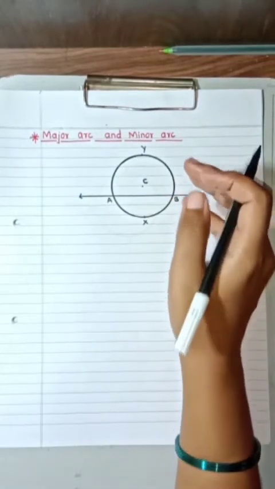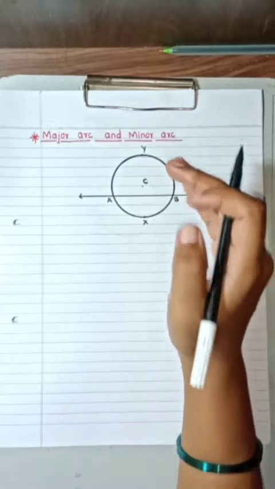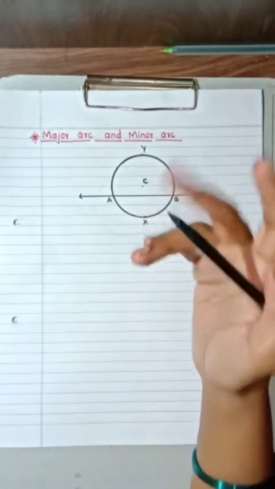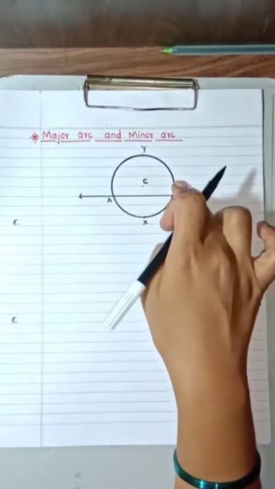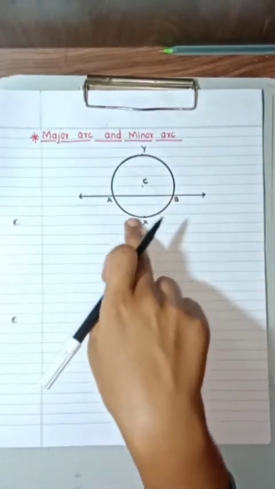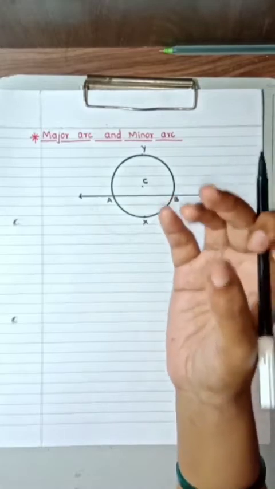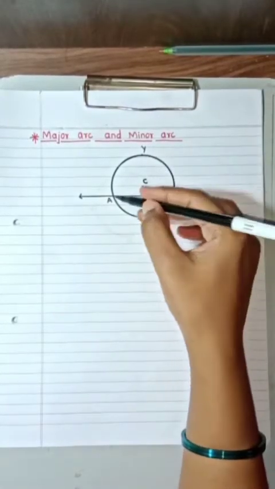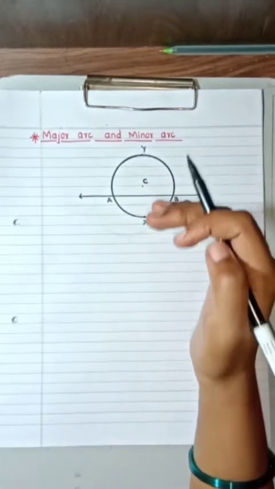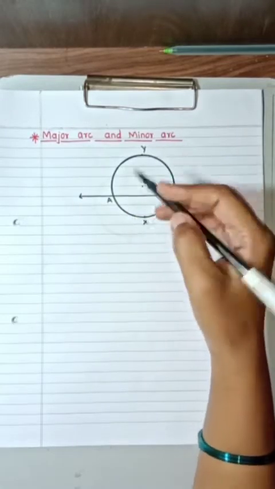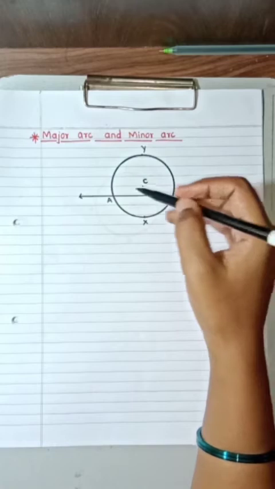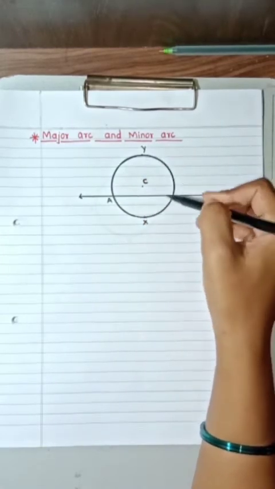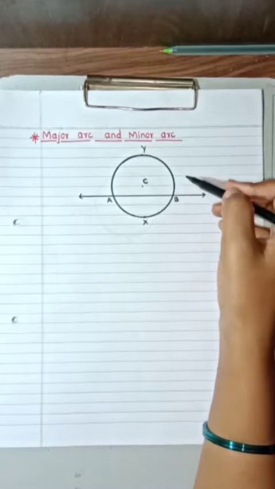Therefore, when a secant divides the circle into two parts, you get two arcs. One is the major arc and the smaller one is the minor arc. The word minor itself tells you minor means small. So when a secant divides the circle into two parts, you get two arcs, AXB and AYB.